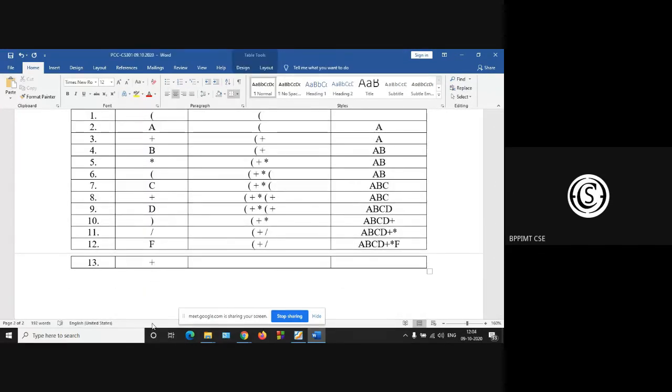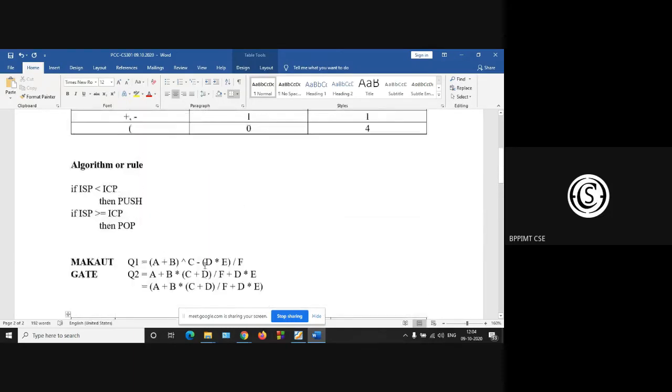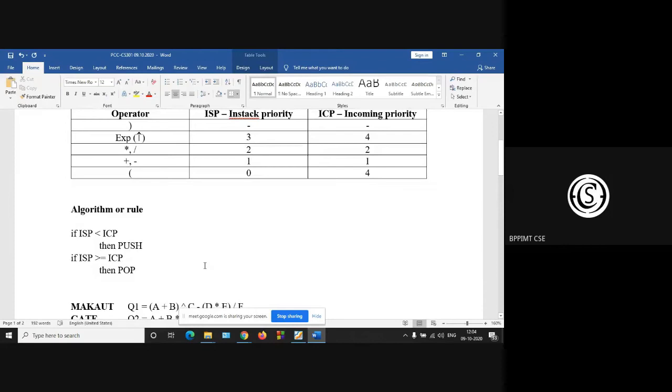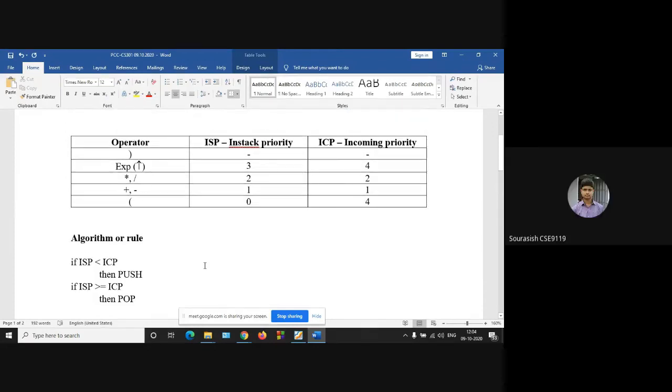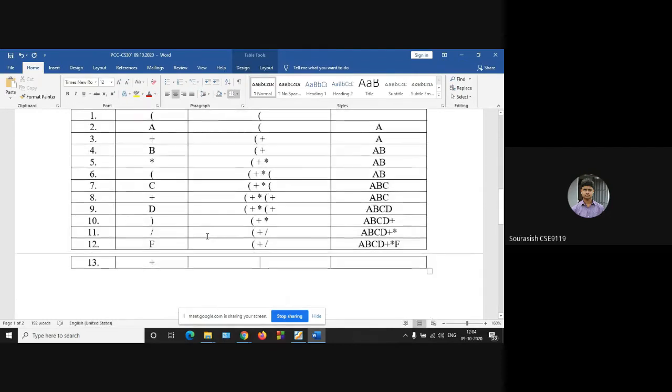So what will be the scenario? Plus. Any idea? Push, because ICP is greater than ISP. Plus, and the stack top was division.